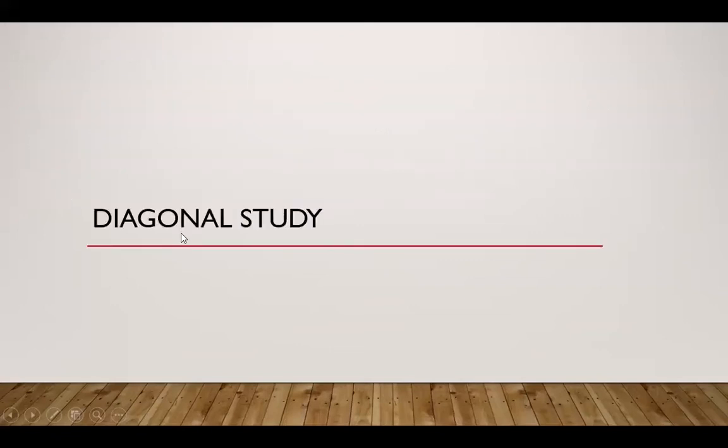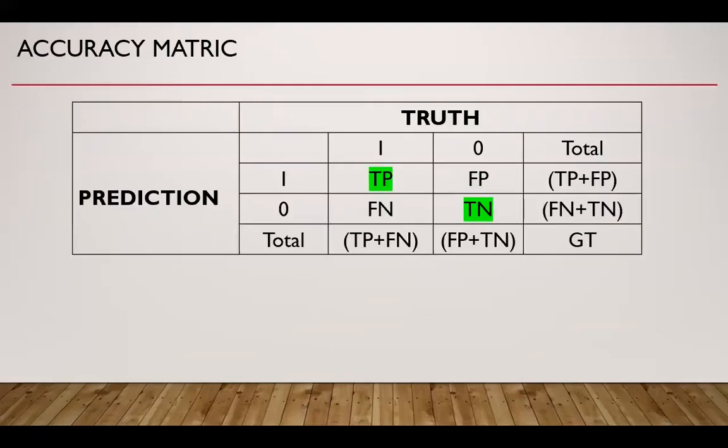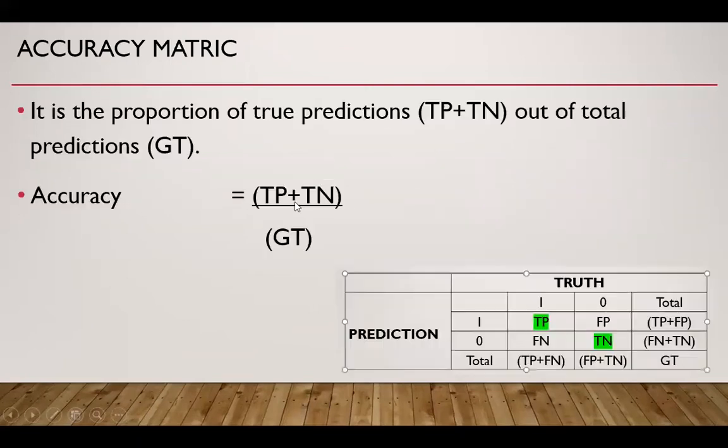We can study the confusion matrix either diagonally, vertically, or horizontally. I have divided my lecture into 3 parts. So study of confusion matrix diagonally means we have a metric known as accuracy. So accuracy is nothing but the summation of true positive and true negative divided by the grand total.